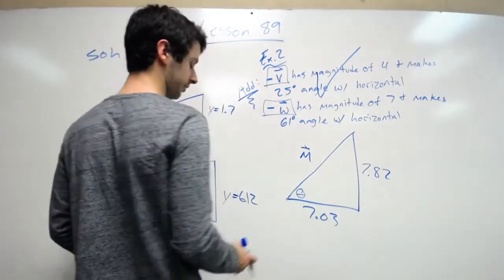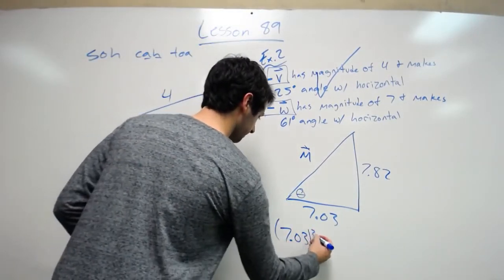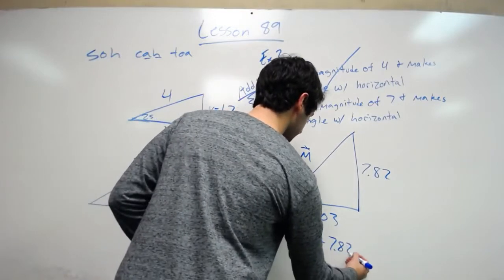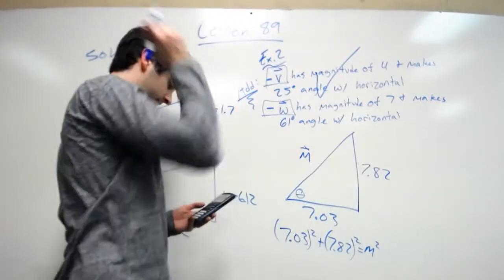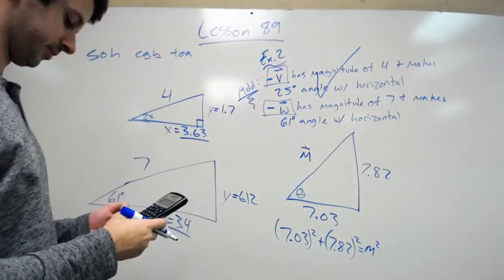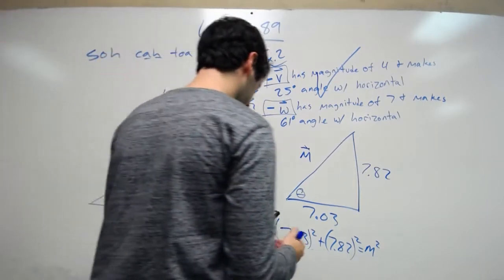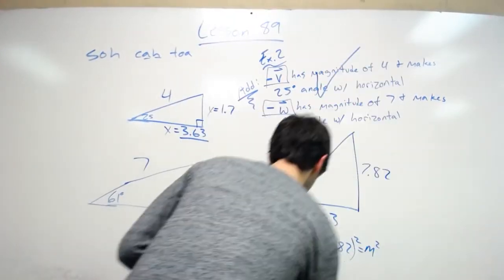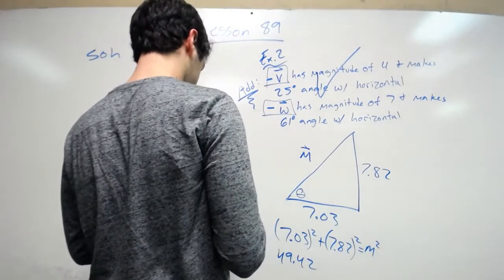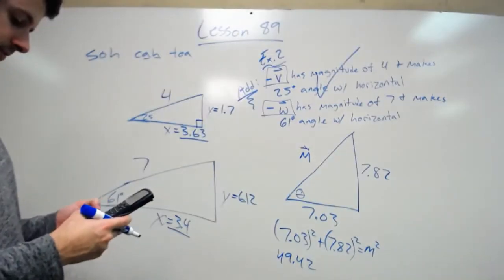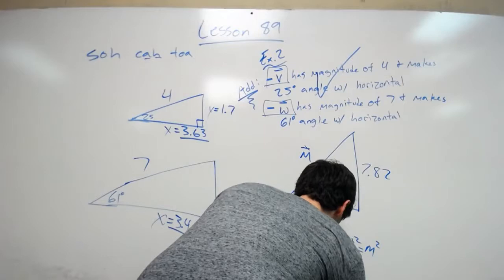For my magnitude, all I need to do is Pythagorean theorem. 7.03 squared plus 7.82 squared equals m squared. 7.03 squared is 49.42. 7.82 squared is 61.15.